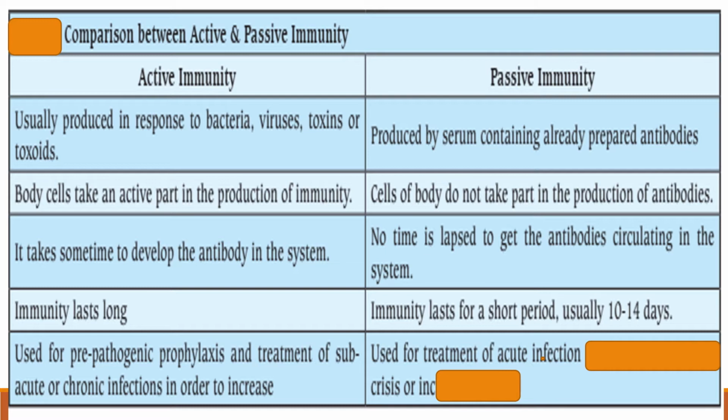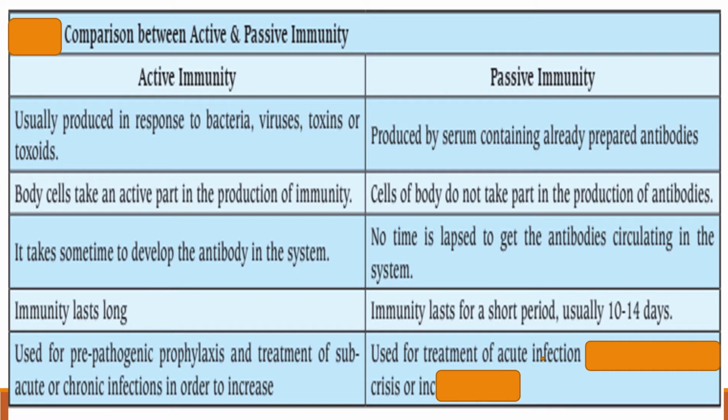Why? Because to remember such a table, you concentrate on one type and the other will be known. So, active immunity is usually produced in response to bacteria, viruses, toxins, or toxoids. Body cells take an active part in the production of immunity.